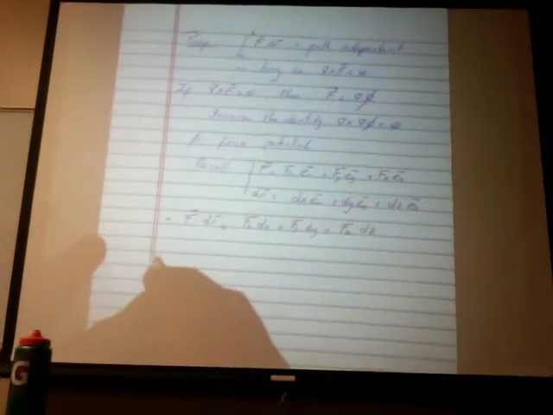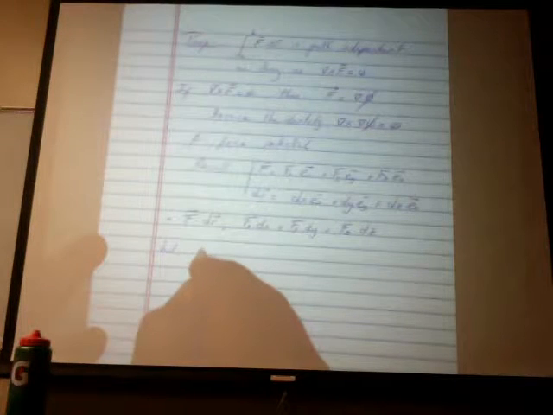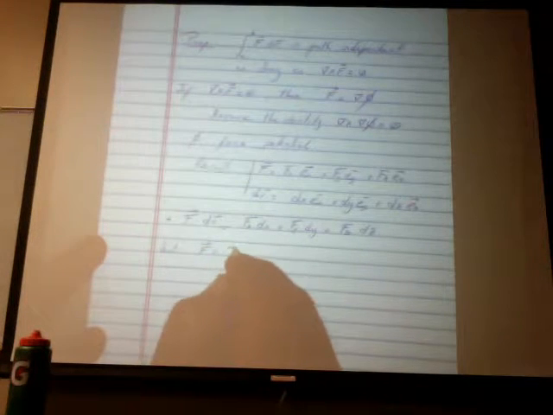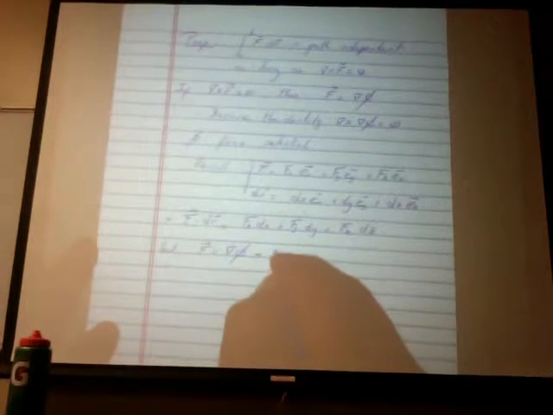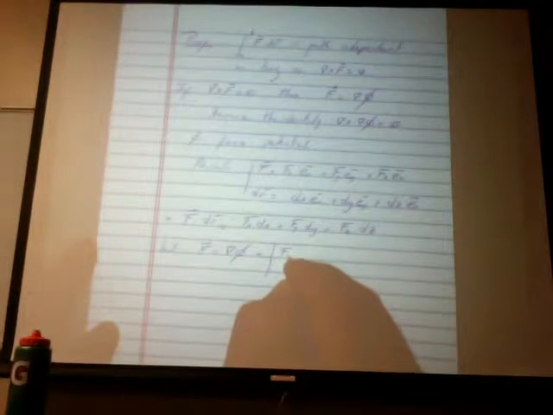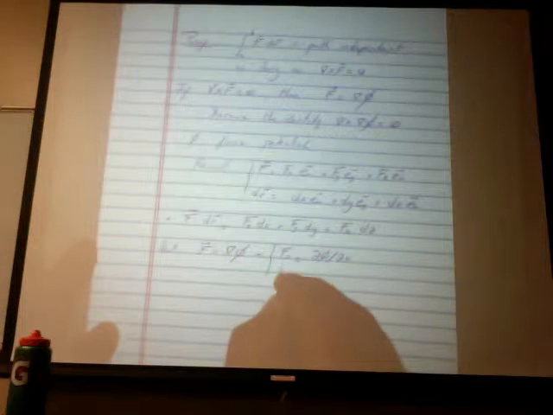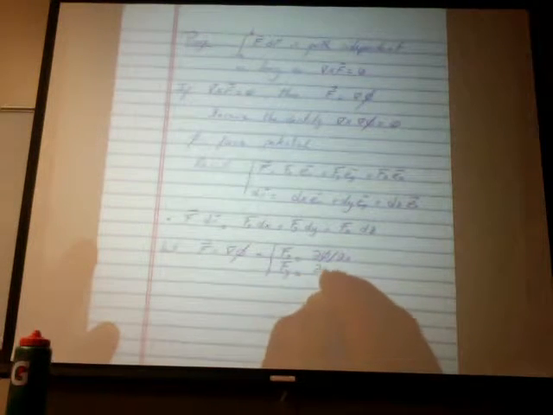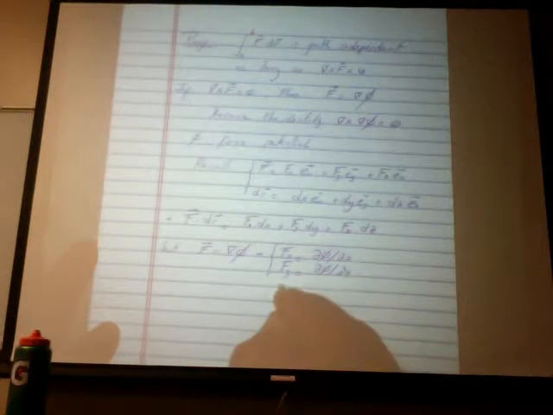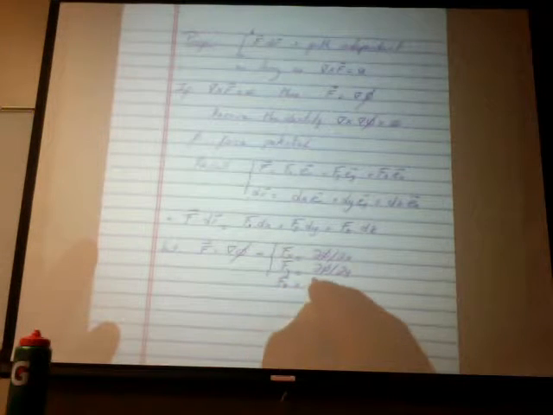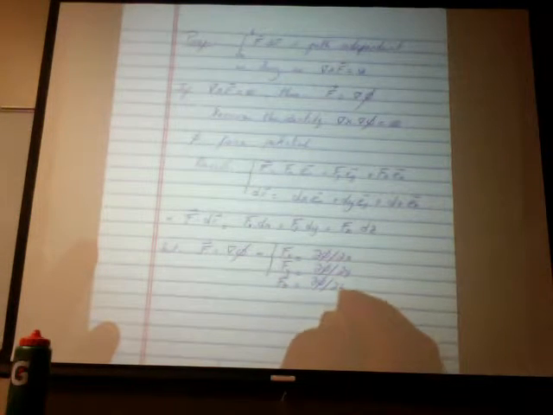But the force field is equal to the gradient of a force potential, and therefore that means that the x component of the force field is dphi/dx, the y component of the force field is dphi/dy, and the z component of the force field is dphi/dz.